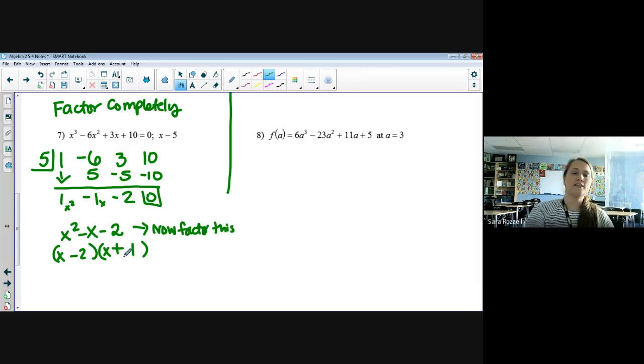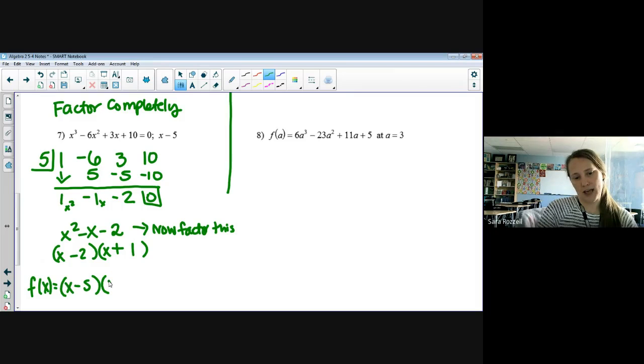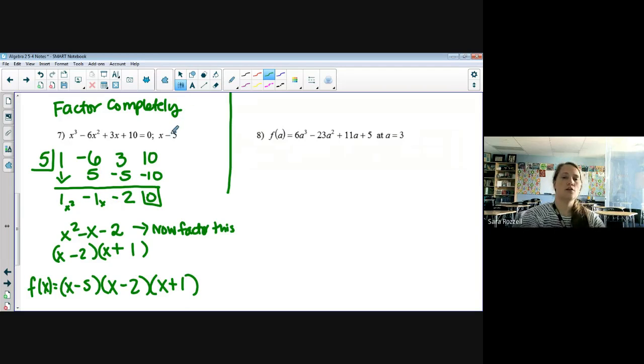So our final answer to be factored completely, our first factor was x minus 5. And these are our second 2. So our final completed answer is x minus 5 times x minus 2 times x plus 1. So we use the factor they gave us initially. That's one of them.